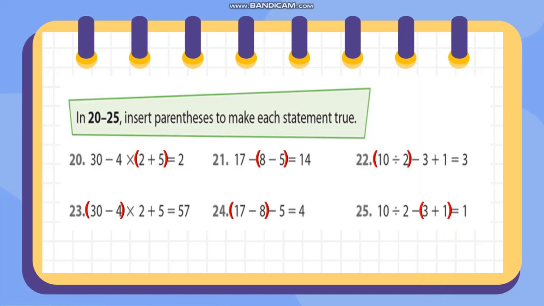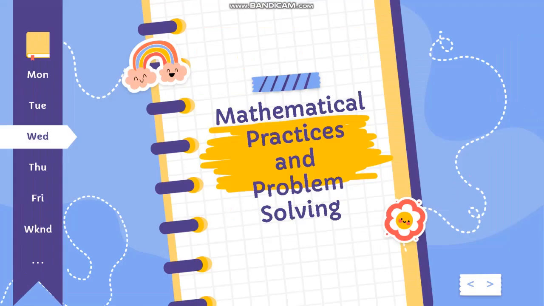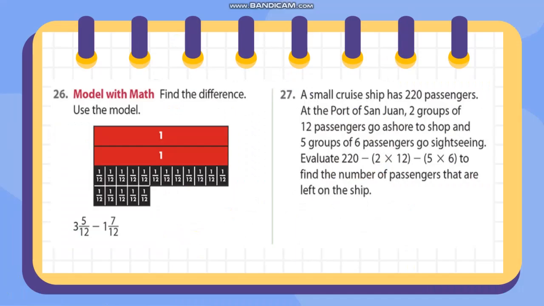Okay, so let's proceed to the mathematical practices and problem solving. Find the difference, use the model. Do you remember how to subtract mixed fractions? So we have 3 and 5/12 minus 1 and 7/12.